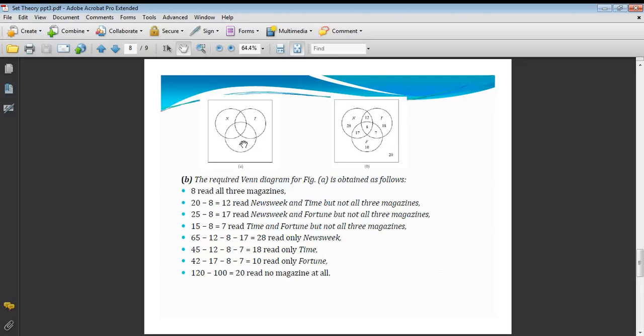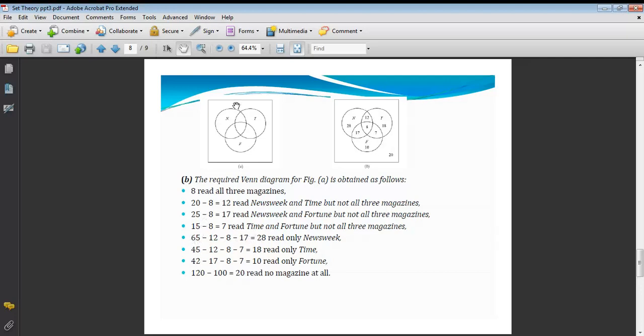Now, for those people who read only Newsweek, the number of people who read Newsweek was 65. So 65 minus 12 minus 8 and minus 17 will give you the number of people who read only Newsweek. How have we found this?